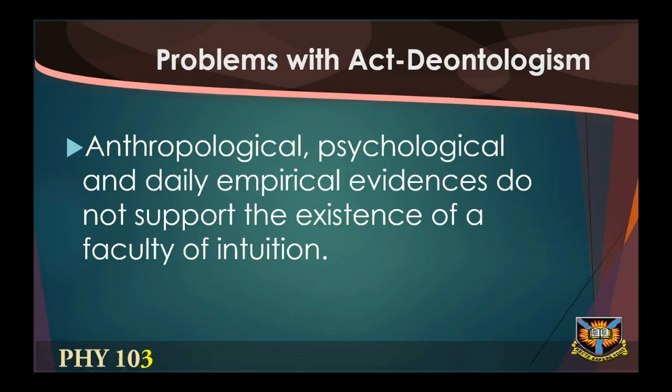Act-Deontologists argue that each moral situation is unique and different in such a way that no general rule could be of any significant help in identifying what should be done, except as mere rules of thumb.